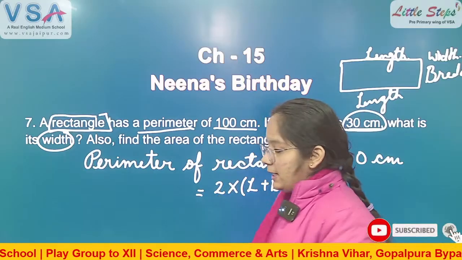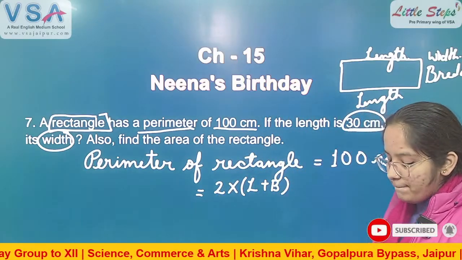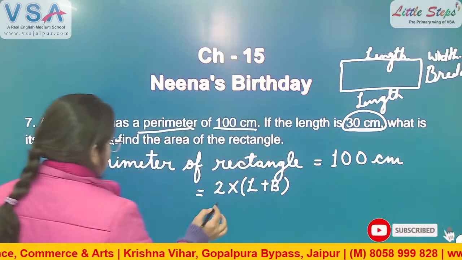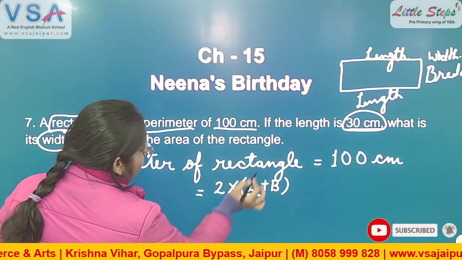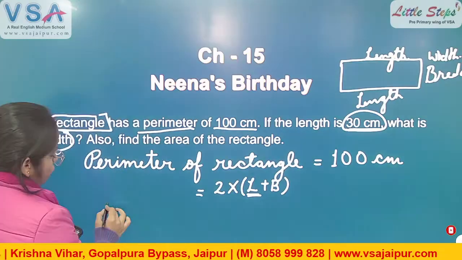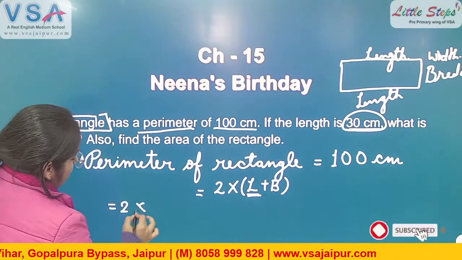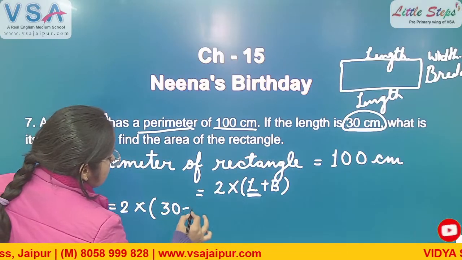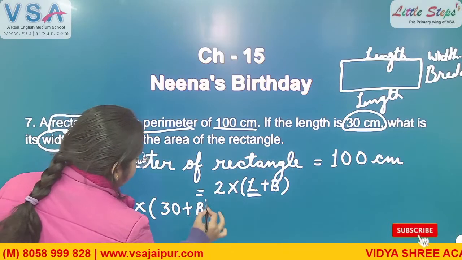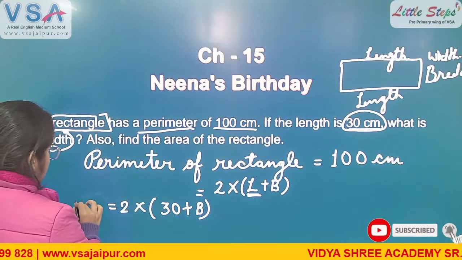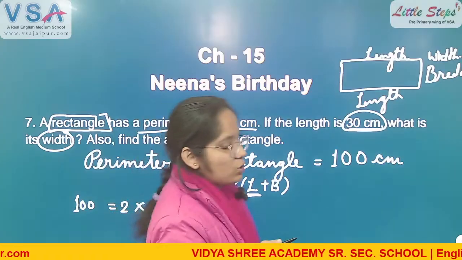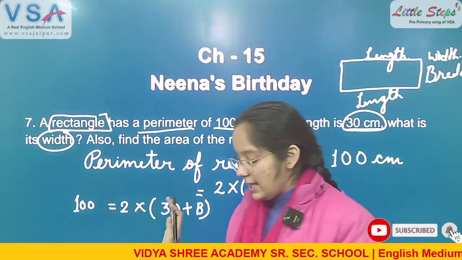So what is here? 2 multiplied by L plus B. We have been given L and we have to find breadth. So we put the value of length: 2 multiplied by 30 plus B, equals 100. Why? Because we have been given the perimeter already, that is 100.